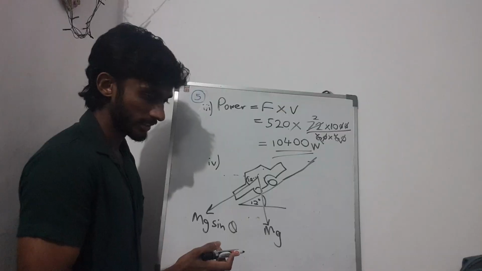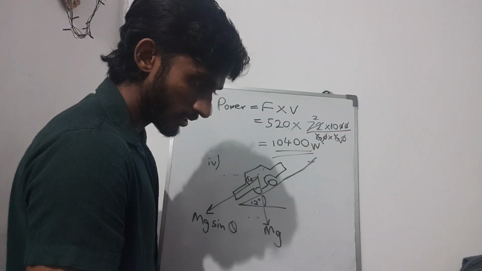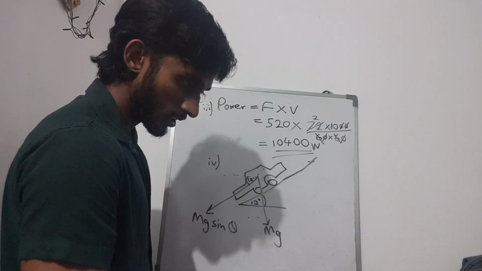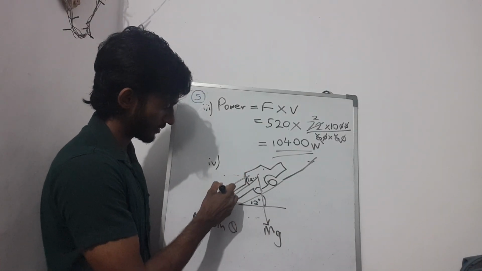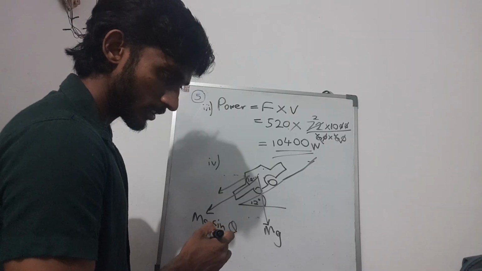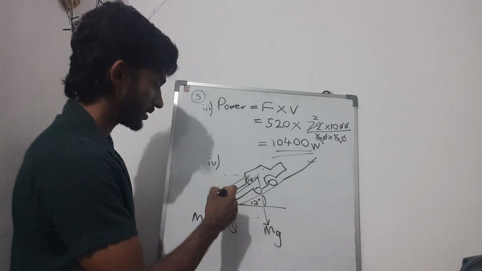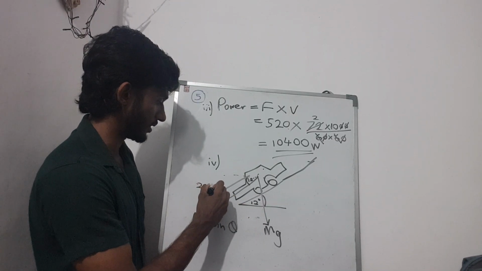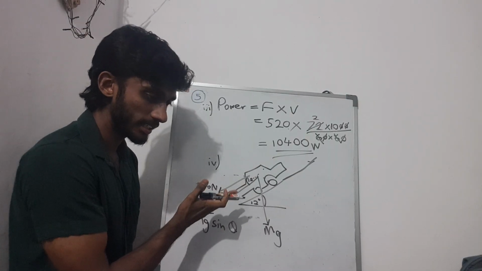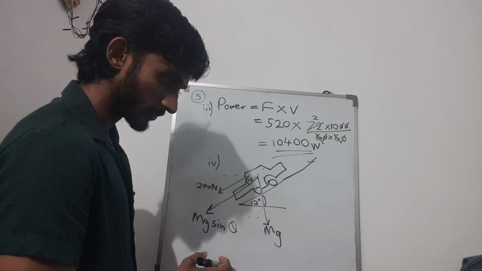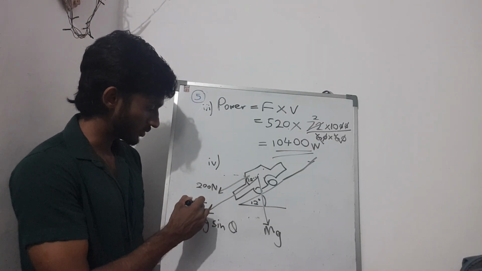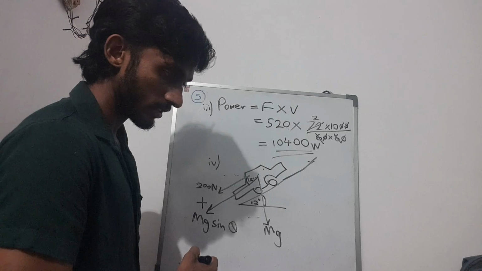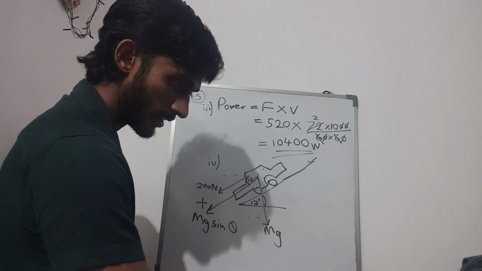Then we say the resistance against the motion is 200 Newton force applied against the motion. Okay. And these two forces will be added.